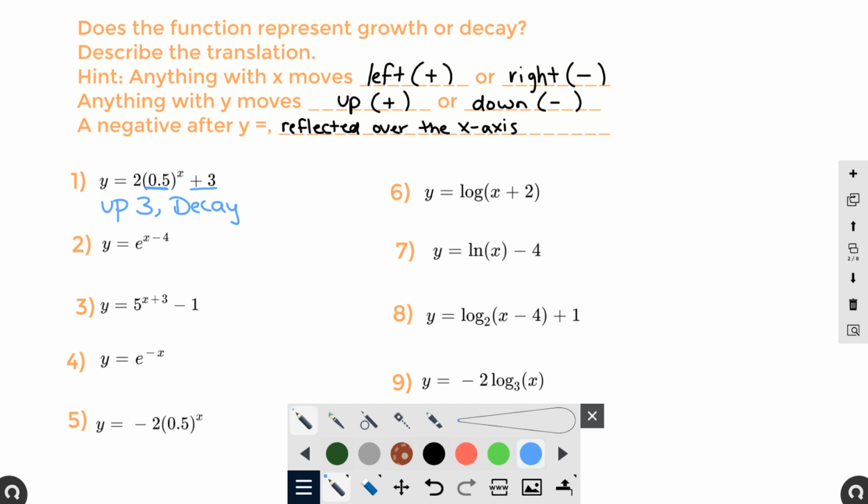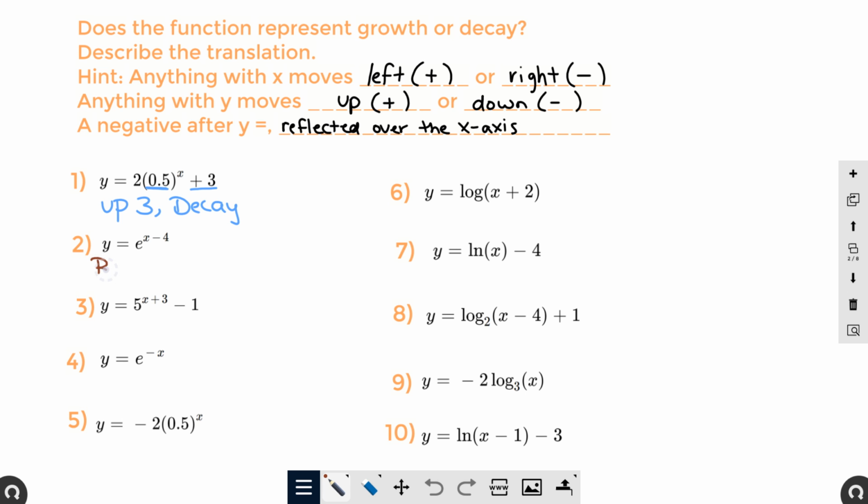All right, let's look at problem 2. Y equals e to the x minus 4. Well, that minus 4 is in the exponent with x, so a minus 4 would make it move right 4. Now we look at b. Is b more than 1 or less than 1? What is b?